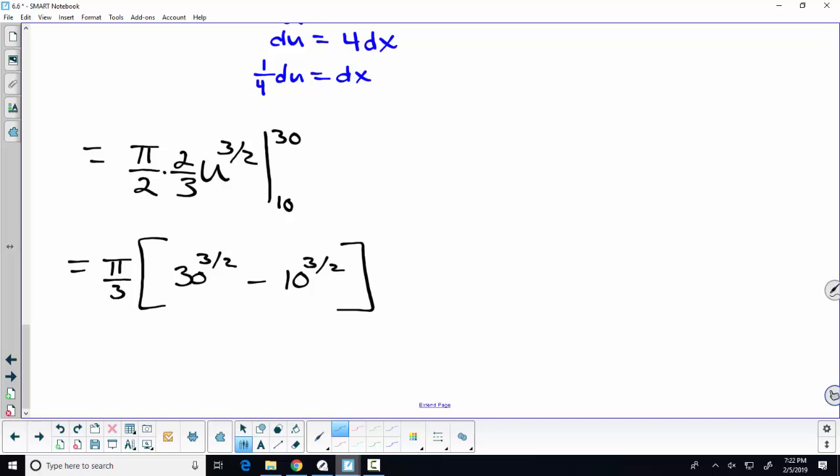So I guess our exact answer we could write as pi over 3, and then 30 to the 3/2 we could write, if it's simplified, 30 root 30 minus 10 root 10.